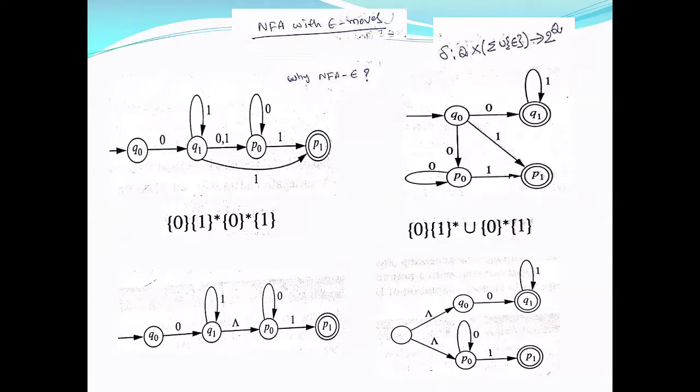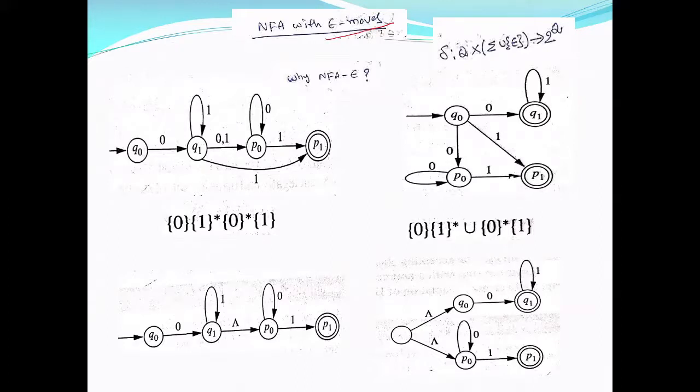So we go for NFA with epsilon moves. Epsilon moves means null moves. Without any input symbol, you can make the transition. Earlier, without input symbols, there were no transitions between the states. Now your FA is able to switch without taking any input symbol. So on the null symbol, or on the null string, it can change the state.